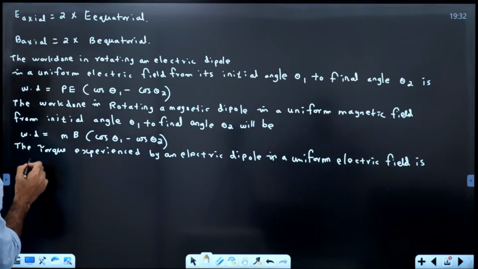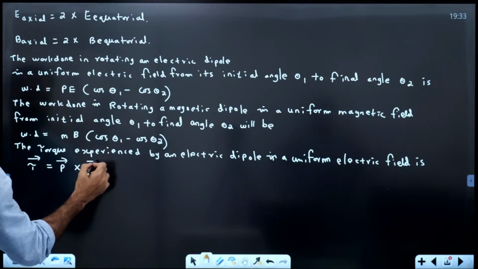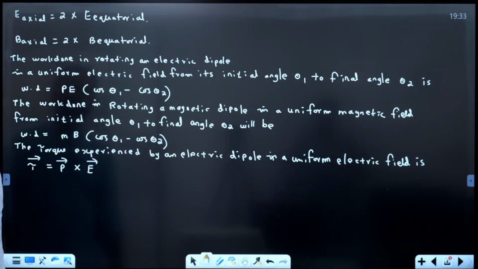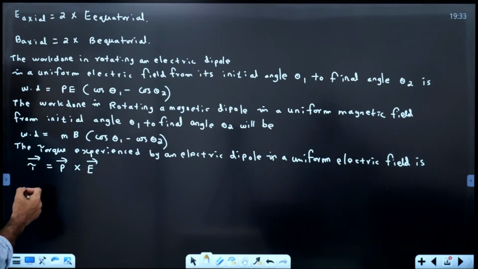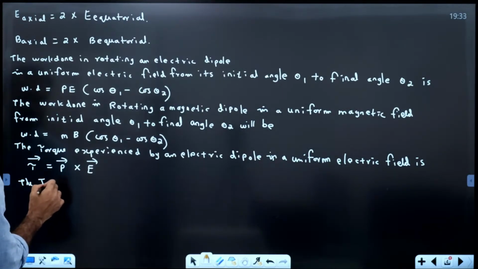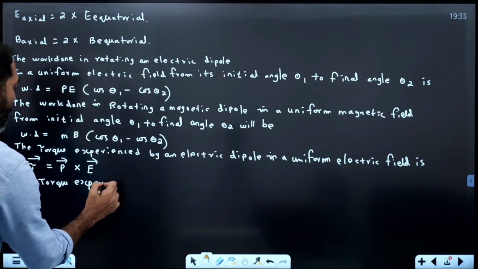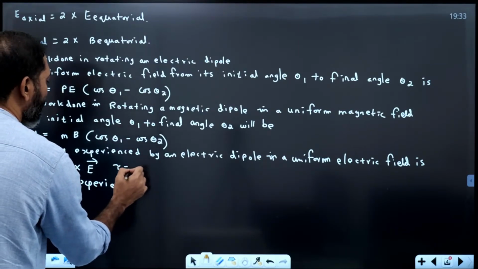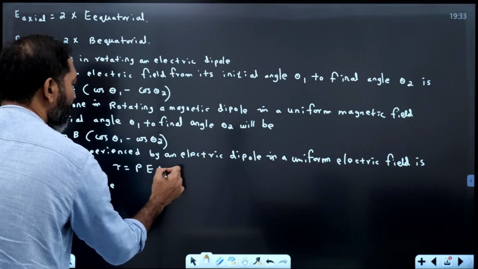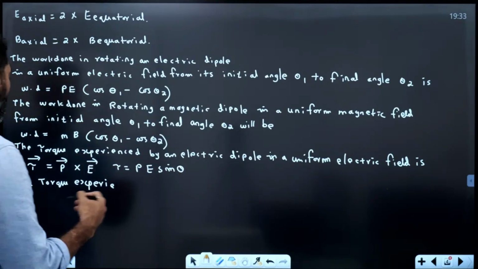Torque tau vector is equal to P vector cross E vector. That is, torque equals PE sin theta, because we know that A vector cross B vector is AB sin theta.